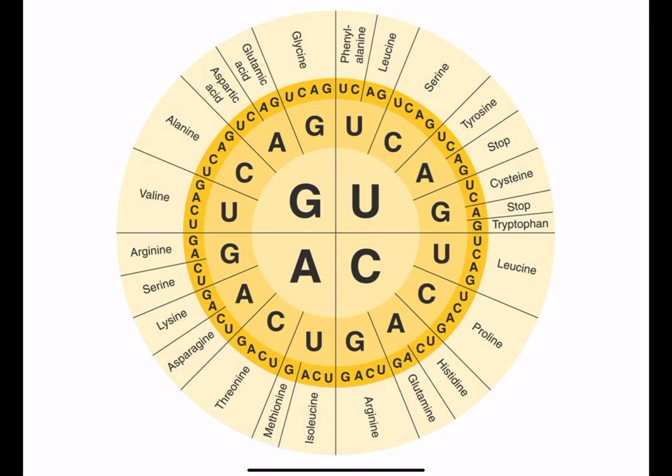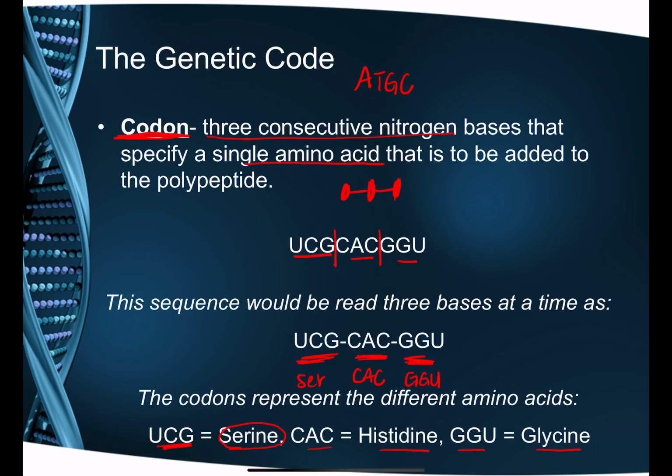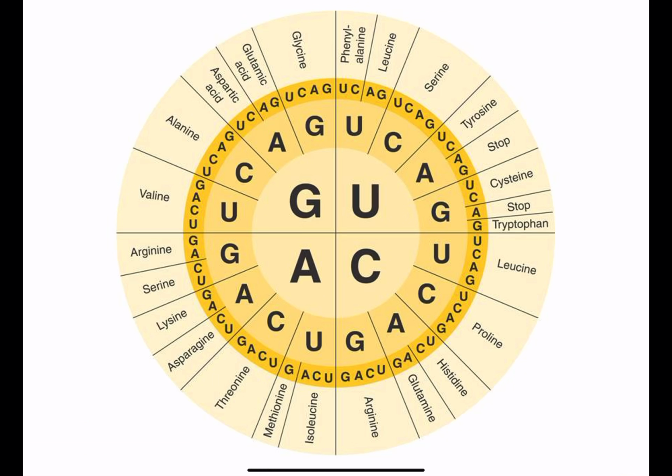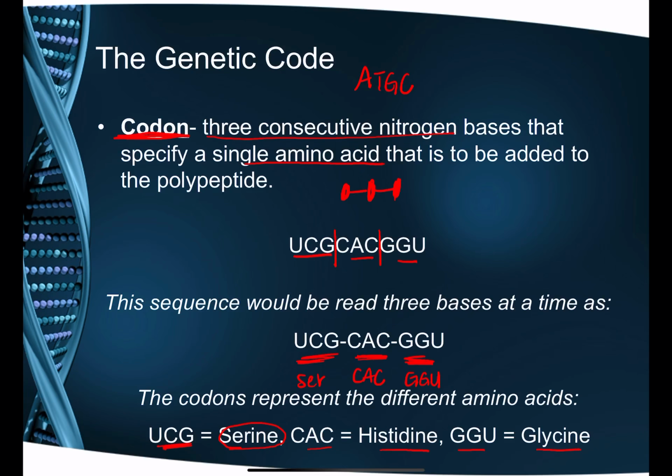Okay? Now, this is a diagram to tell which base makes what. Okay? So, for example, UCG. If we look at UCG, UCG is going to make serine. That's what I had written down here.